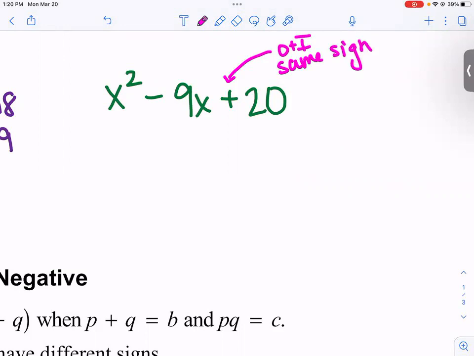Since this is negative, that tells us what our sign is. So we know we have x minus something times x minus something.